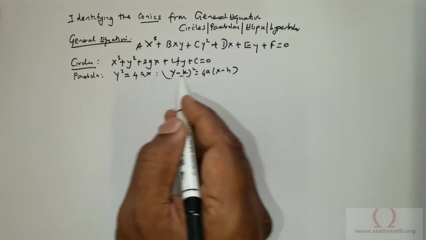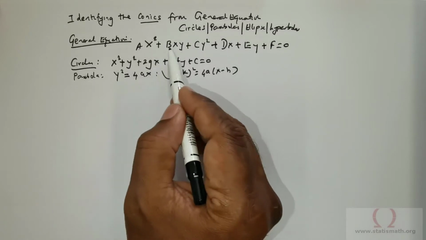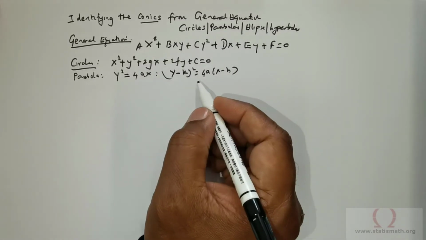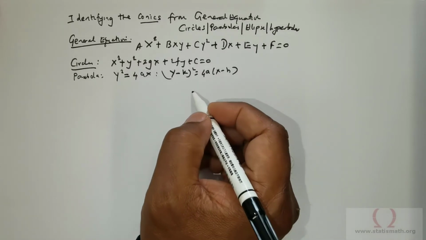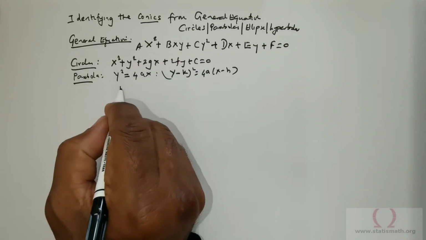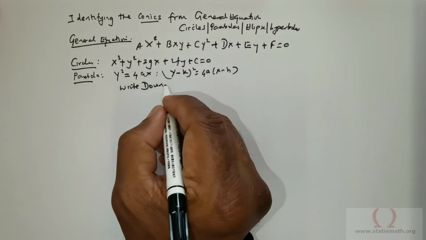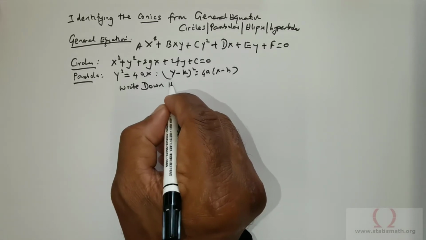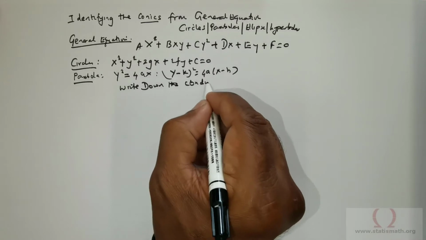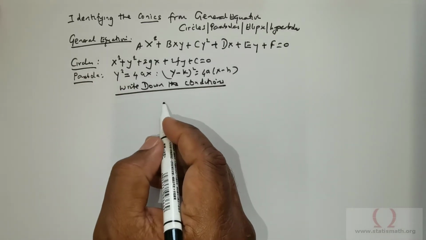So these are all occurring because of the values that a, b, c, d, e, f take. Having said that, we are going to write down the conditions that you have to check whenever the equation is given. So I'm going to write down the conditions for each of the conics that we have studied.